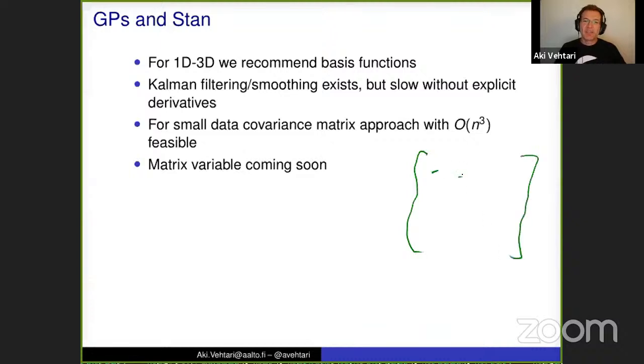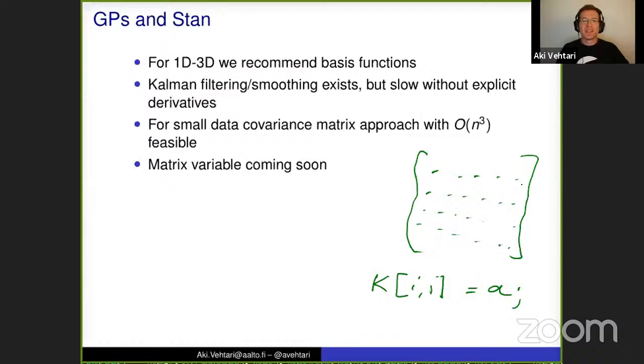The matrices have elements, and each element is a node in the autodiff tree. So this is flexible because then we can assign a certain element of the matrix the value we want, and each element can be assigned differently.